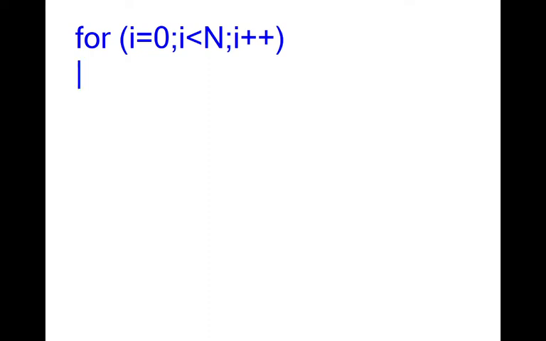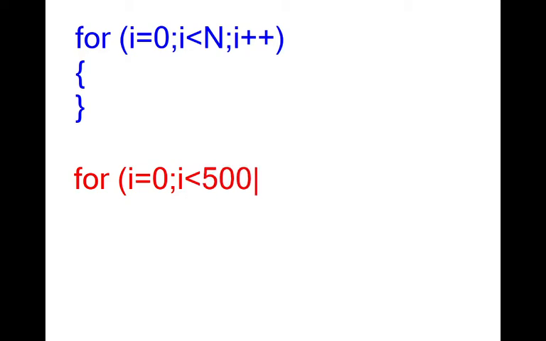This is the piece of code, and some processing happens here. And we have another piece of code, for example, which says for i equal to 0, i less than 500, i++, right?